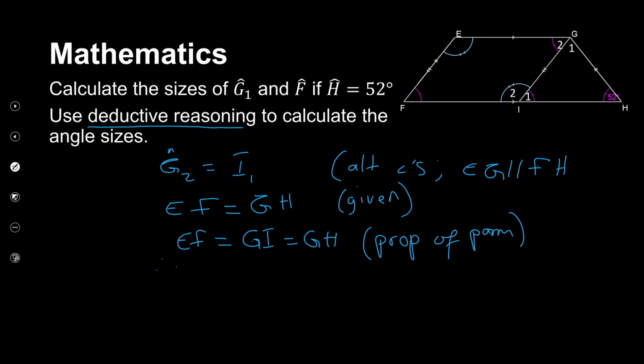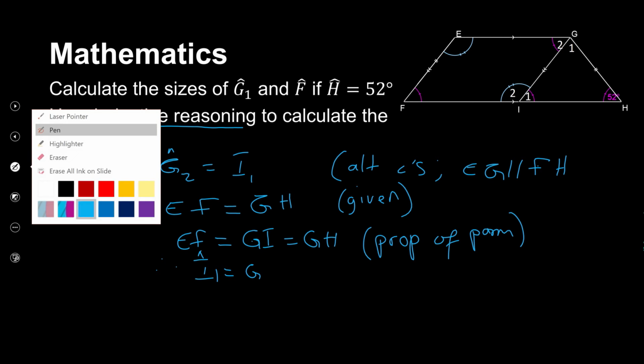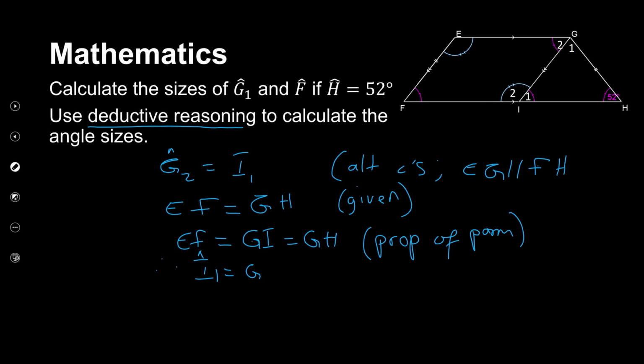So as a result, I will then say that I1 is equal to H, and that is because of the fact that these are angles opposite equal sides.